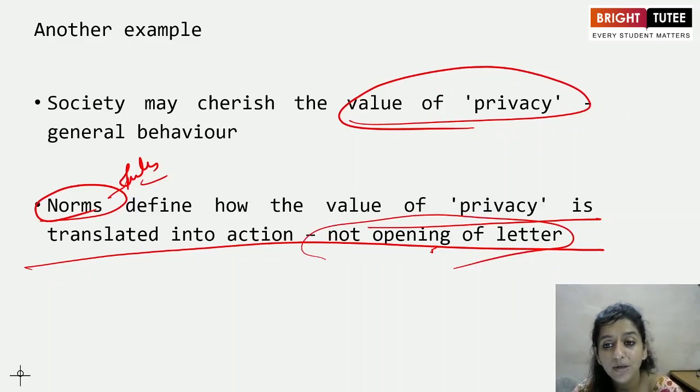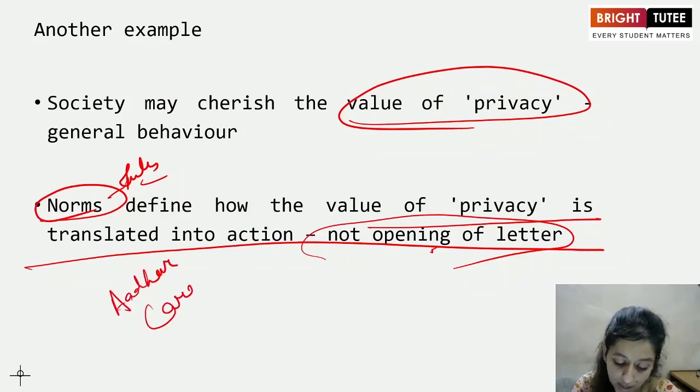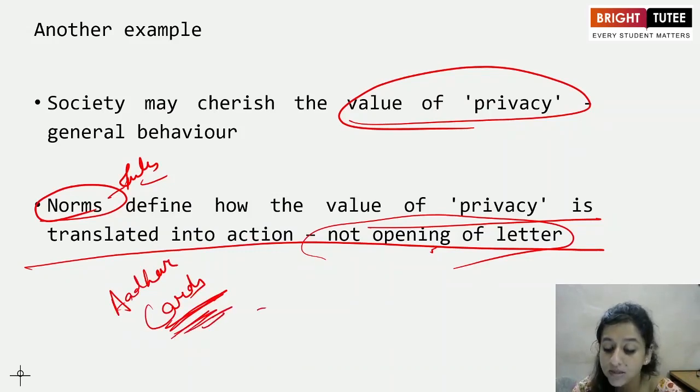Another example you might talk about is when the system of Aadhaar cards came into the scenario. People started to question this action because of the value they had of privacy.